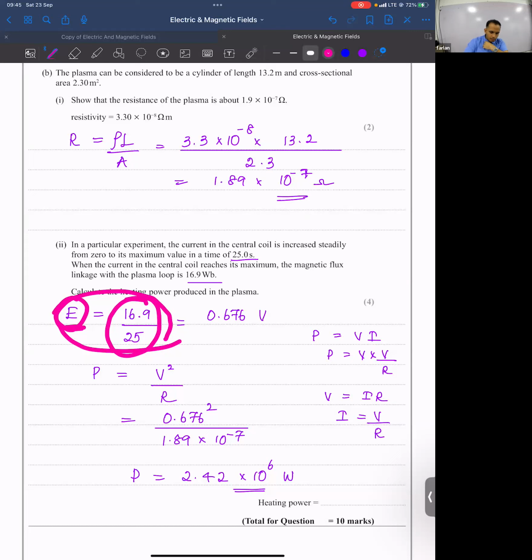So E is the EMF, which is what I have taken here as the voltage. If you have any questions, you can ask me.